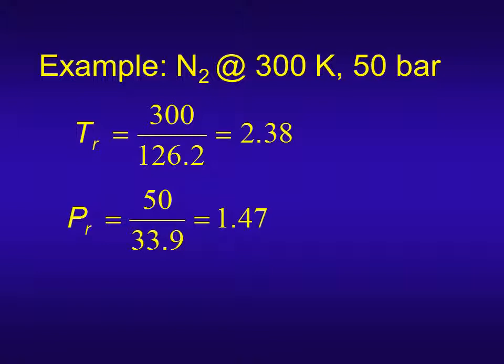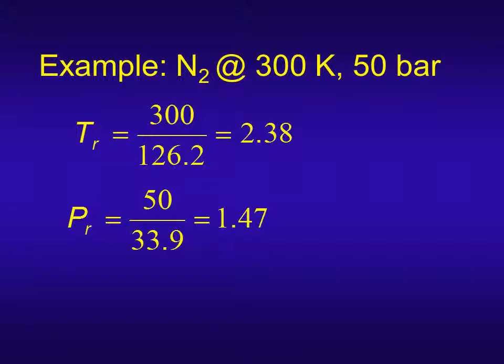Now, of course, 300 is our temperature, 50 is our pressure. The critical temperature for nitrogen is 126 Kelvin. Okay, that's really cold. The critical pressure for nitrogen is 33 bars. So that's pretty high pressure.